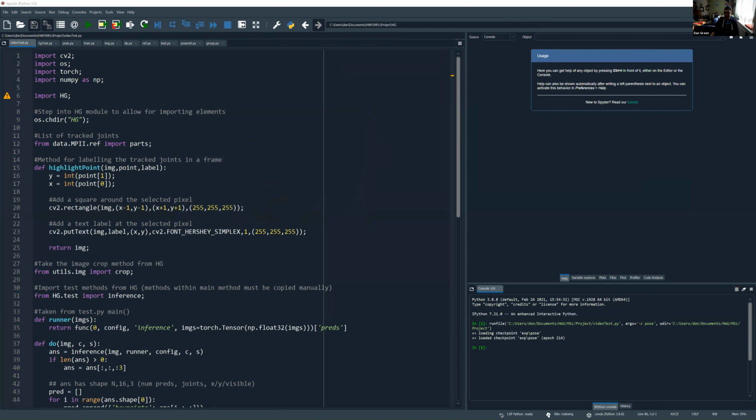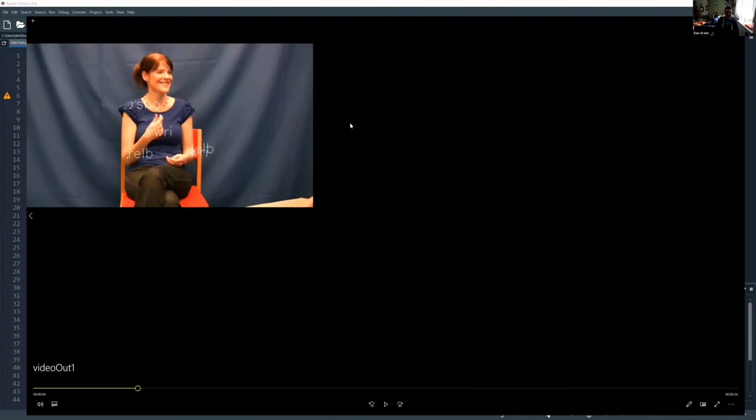I will quit that and I will move to one I prepared earlier. So this is the same video, but it's pre-rendered because, as you saw, it was happening quite slowly. So hopefully people can see that. And what you can see is that the points are following the locations of the joints. They're not always appearing because the confidence does sometimes drop slightly.